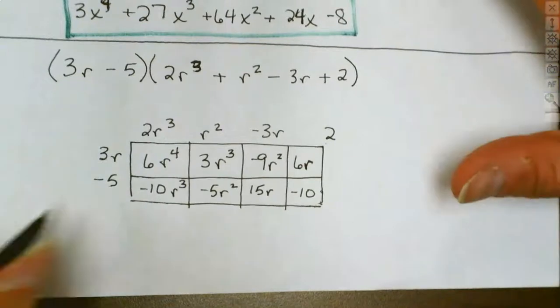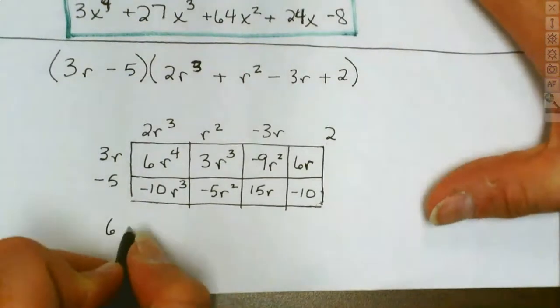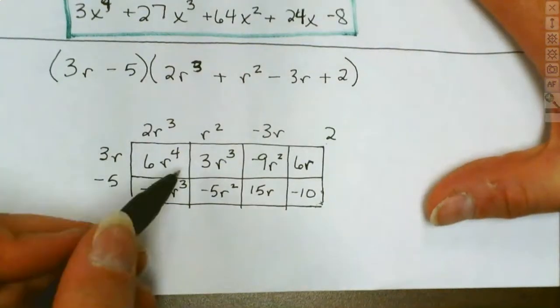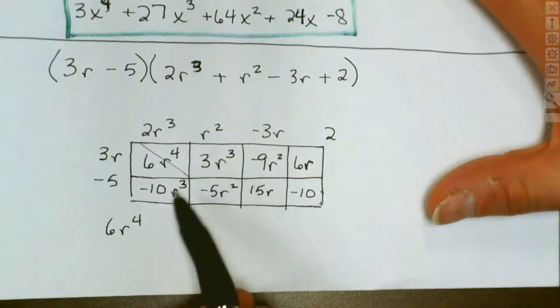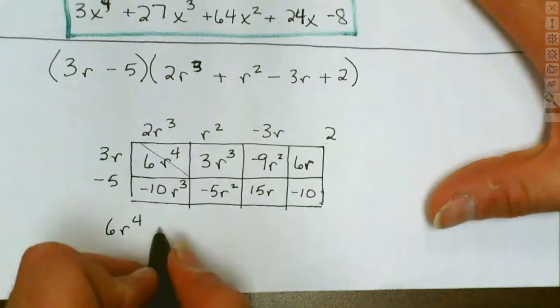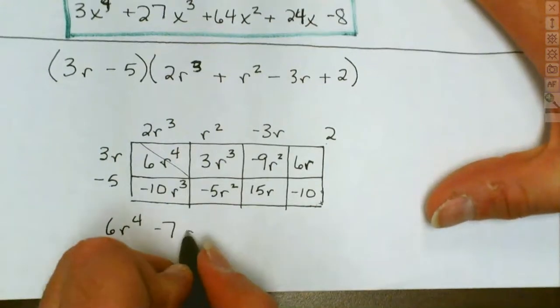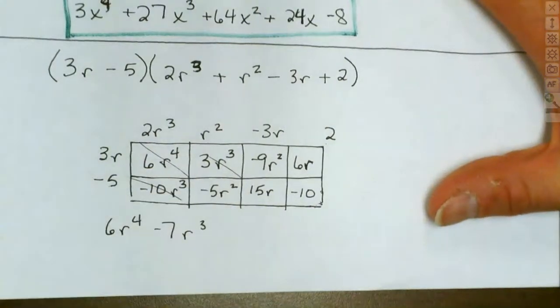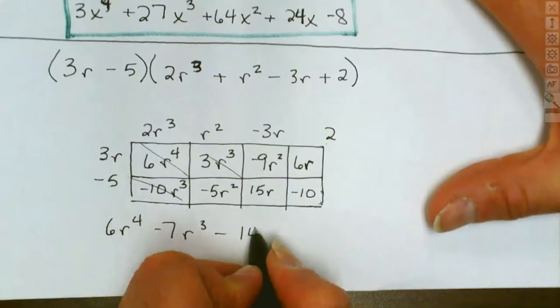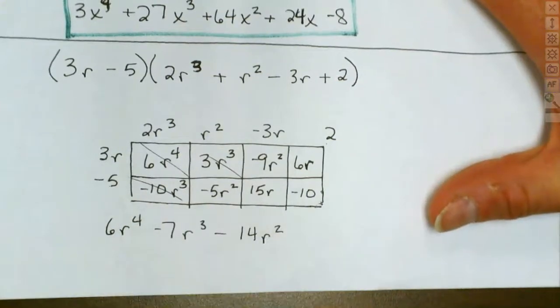So start in the upper left corner. We've got a 6r to the 4th. Gone. We have 3 minus 10 makes it a minus 7r cubed. Gone. Gone. Minus 9, minus 5. Add those together. That makes that then a minus 14r squared.